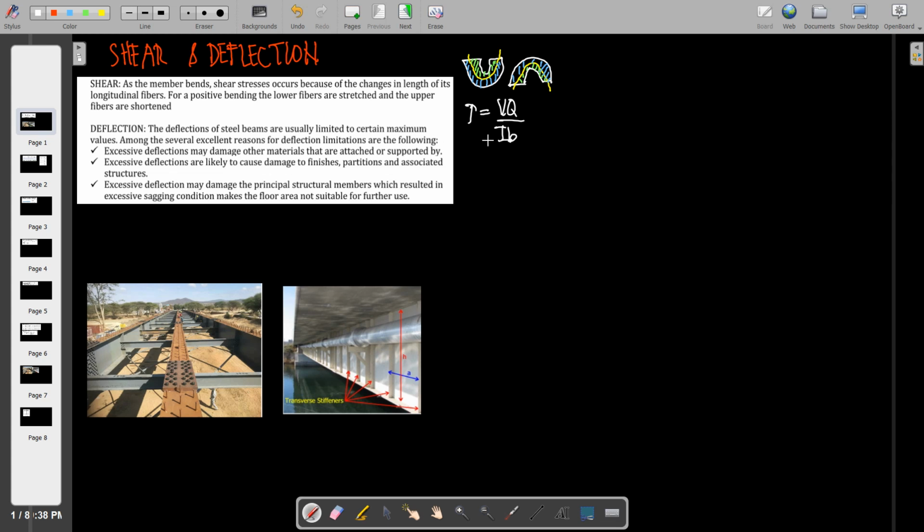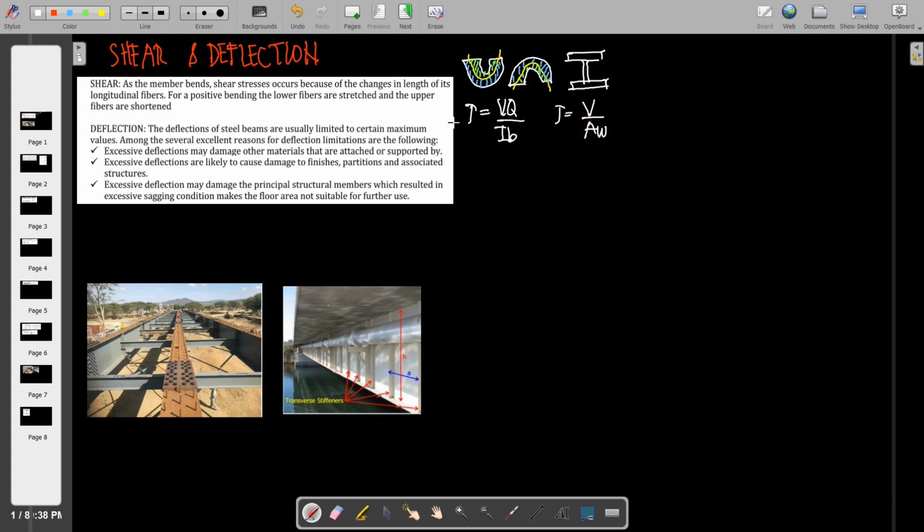So in here, in steel, talking about I section or flange section, this formula shall be simplified to tau is equal to V all over the web area.